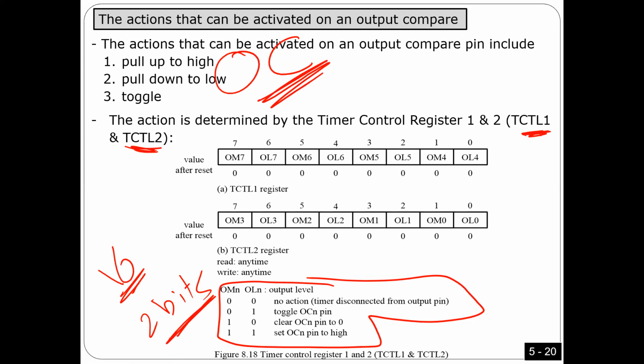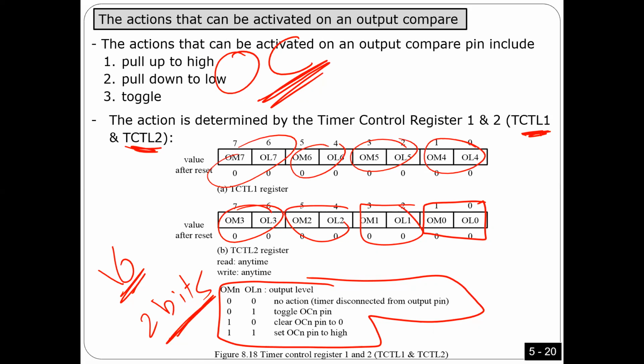These 2 registers program the action you want to take on the pin for channel 0, channel 1, channel 2, channel 3, 4, 5, 6, 7. For every channel, you can put the value for whatever you want to do: toggle, clear, or set, depending on how you are going to generate the signal. And I'm going to give you an example later.